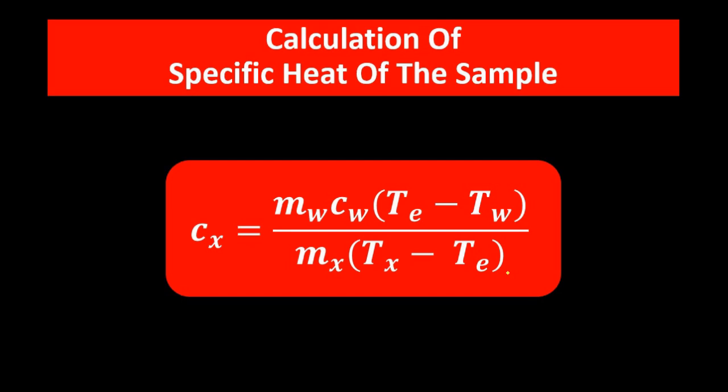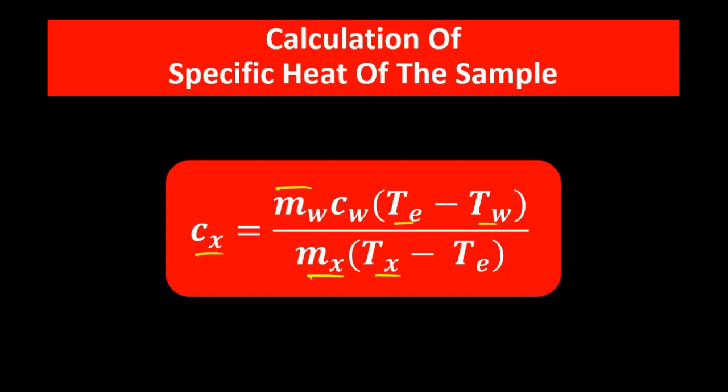Now you can utilize this to calculate any of the parameters. If one thing is unknown and the other things are known, you can calculate Cx, you can calculate the mass of water, you can calculate the mass of the unknown substance, you can calculate the equilibrium temperature, you can calculate the temperature of the water, the temperature of the substance, the specific heat of water, but specific heat of water is known, so there is no need.